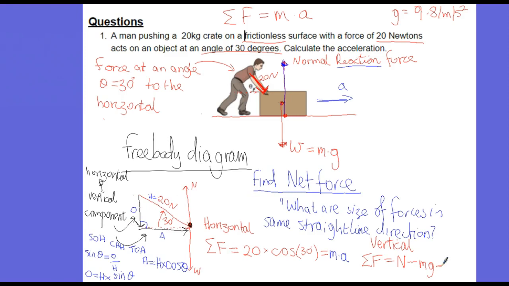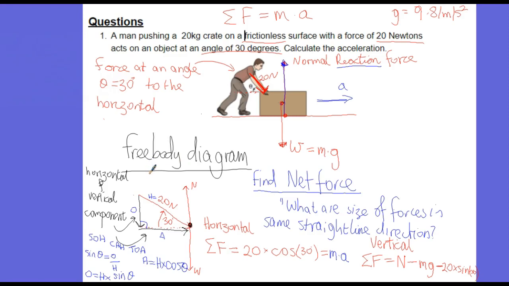So, we're going to minus the size of this opposite component of this 20 newtons force on an angle. That opposite side is worked out by hypotenuse multiplied by sine of the angle. So the hypotenuse is the 20 newtons multiplied by sine of 30 degrees, which is 10. Very good.